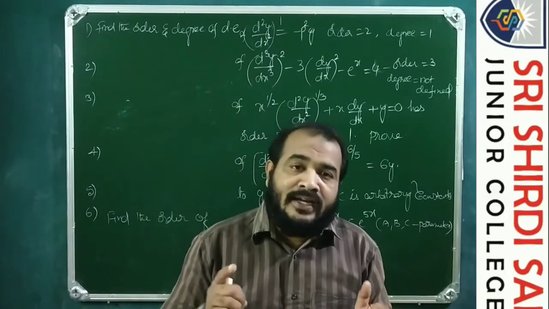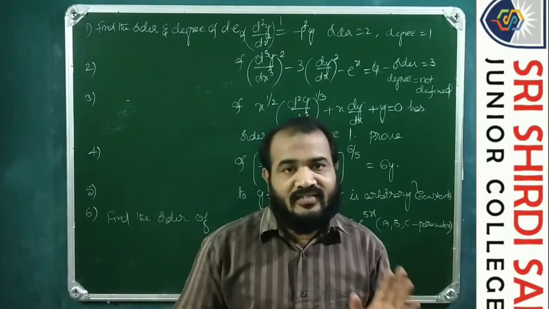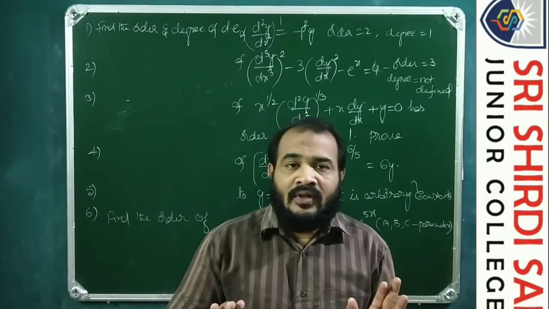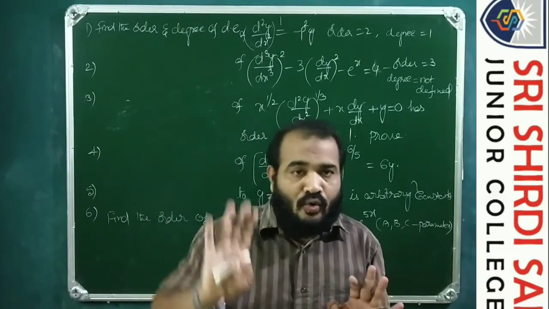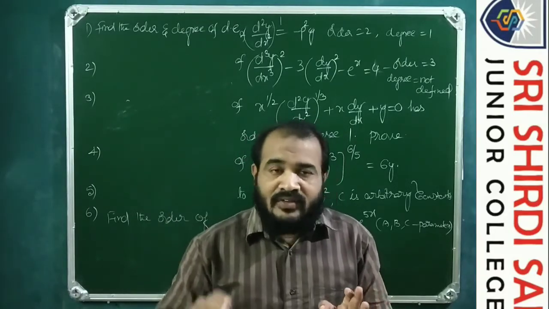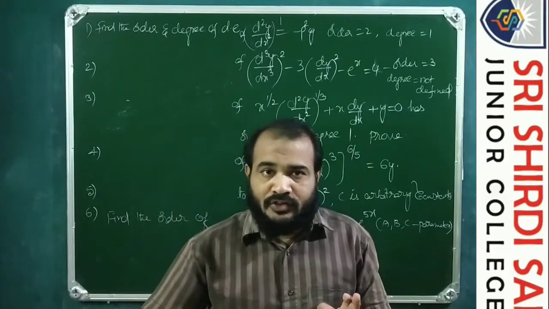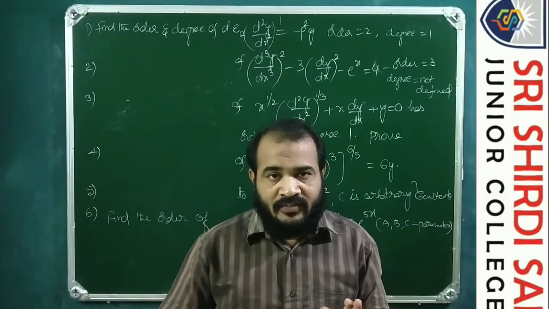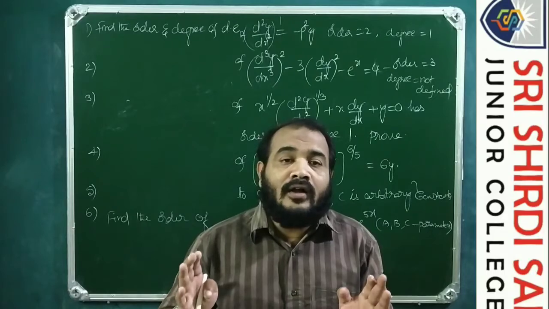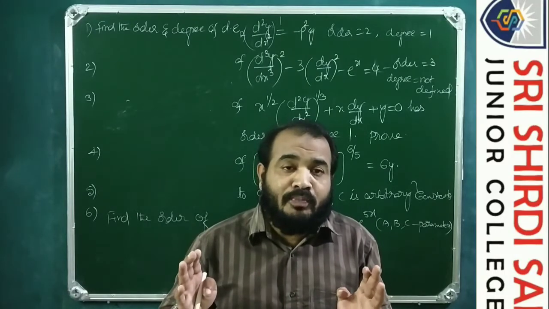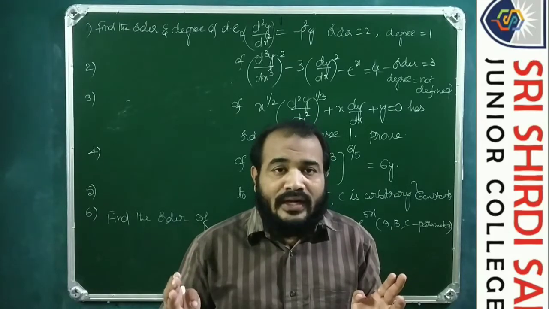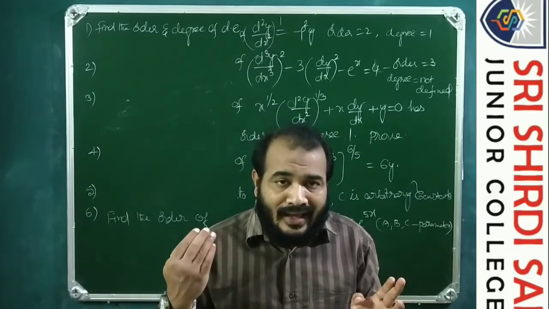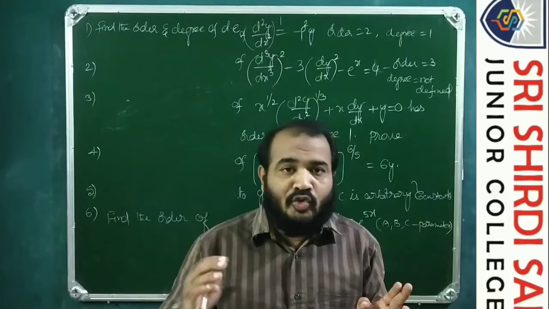It must be an integer, that too a non-negative integer, meaning the power can be 0 or a positive integer. The derivative's power should not be a negative integer or of the p by q form.